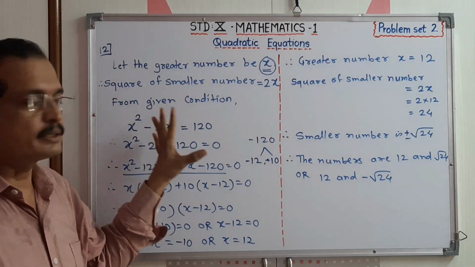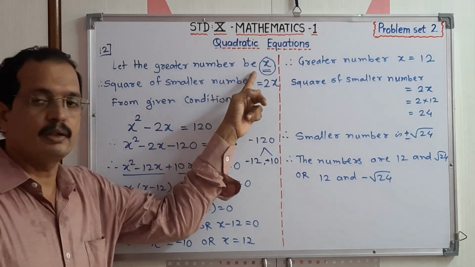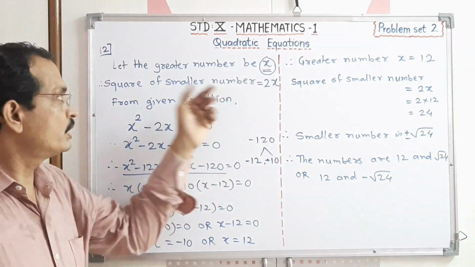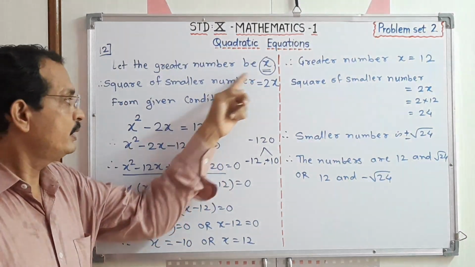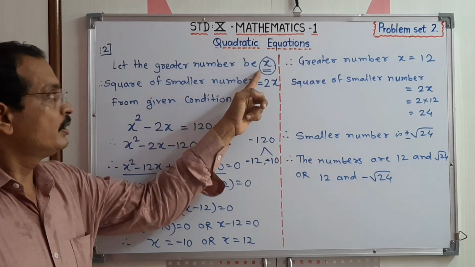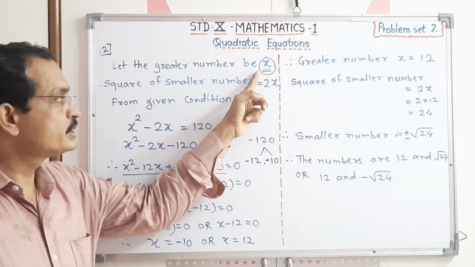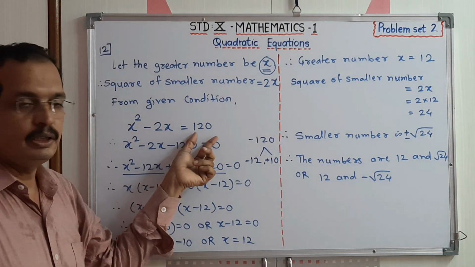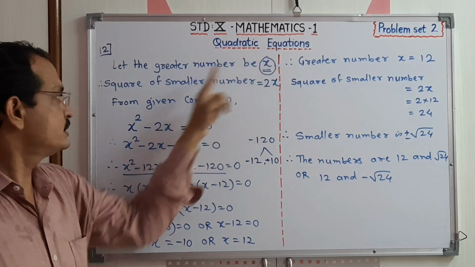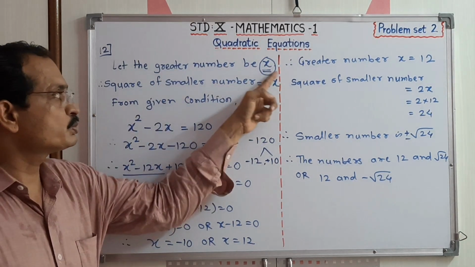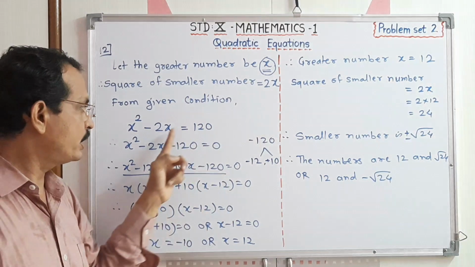It is the easiest method. We have to first assume the greater number is x. From the given condition we find the square of the smaller number is 2x, and then the condition is that the difference between the squares of the two numbers is 120. The square of the greater number is x square, and the square of the smaller number is 2x.